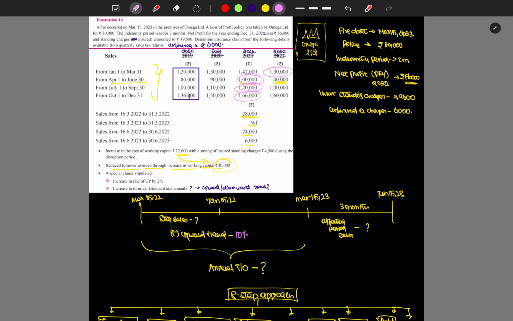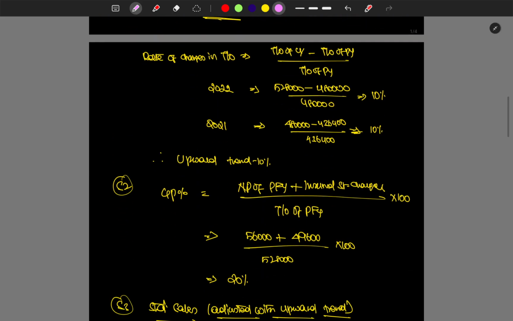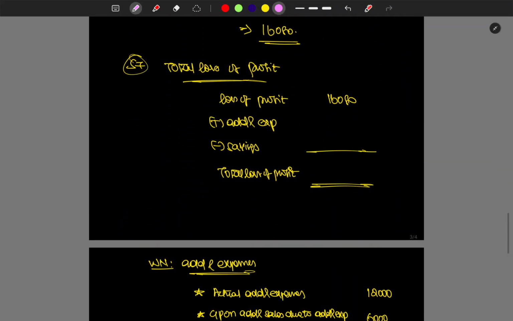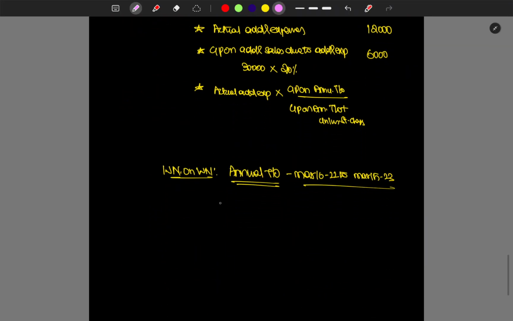From this we have to make some additions and deletions. 5,16,000 is the 4 quarters from April 1st, 2022 to March 31st, 2023.